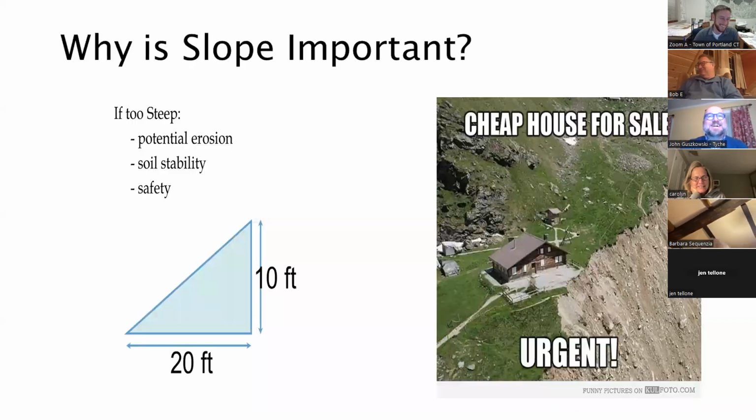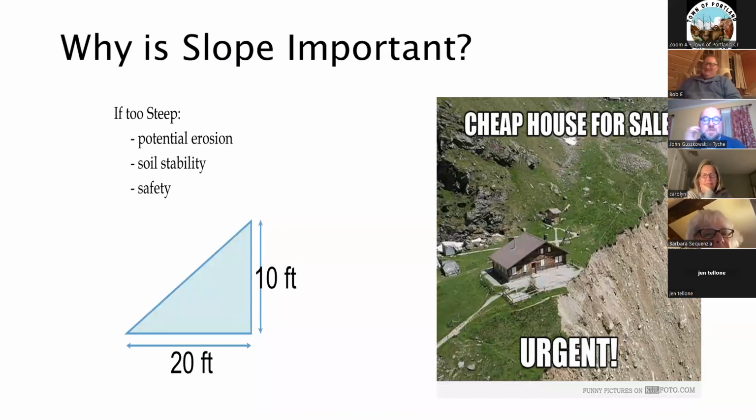Okay, so the question then is, why do we care what the slope is? And we care because we live in Connecticut, and things wash downhill. We have water, we have snow, we have vehicles with inadequate emergency brakes. We have water in basements.